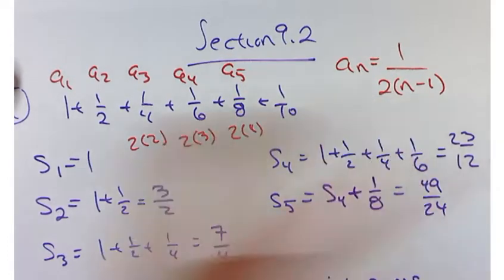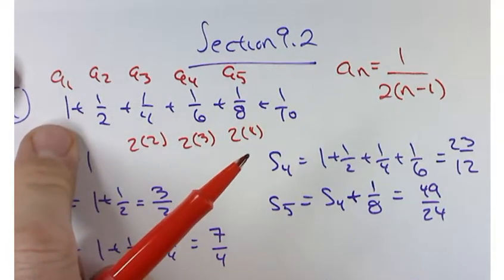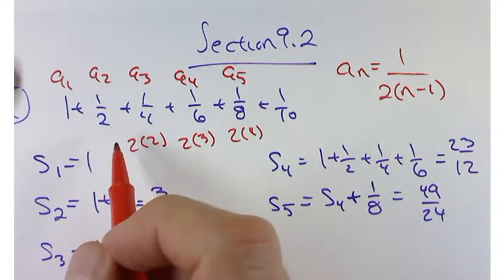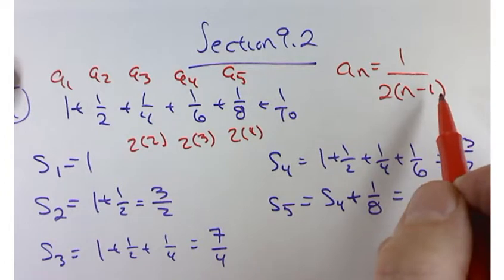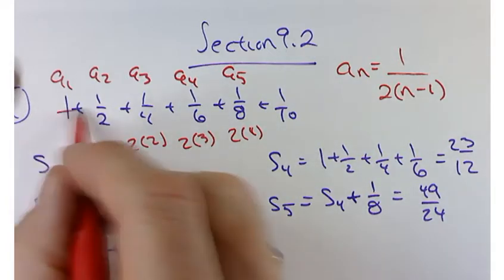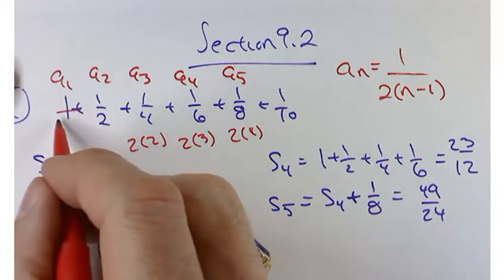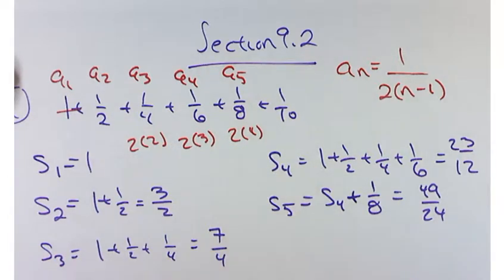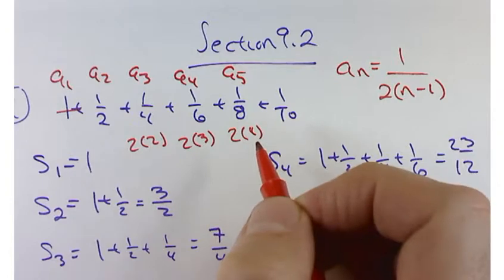And my problem is that that general term is not going to work at n equals 1. I need to get a 1 here at n equals 1. We're going to have to come up with something different there.